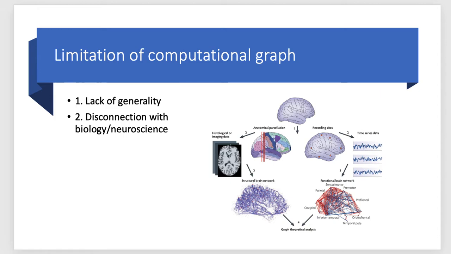The second one is that, compared with realistic biological neural networks, which have a much richer and more complex structure, there are information exchanges between neurons rather than just single directional flows like in a DAG. And also in brain networks, such biological or neurological models cannot be simply represented by directed acyclic graphs.